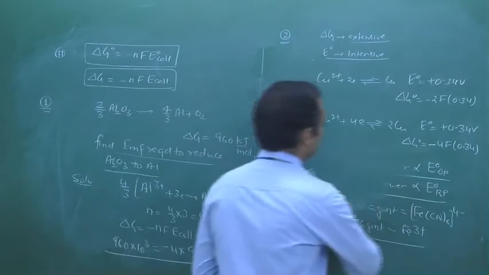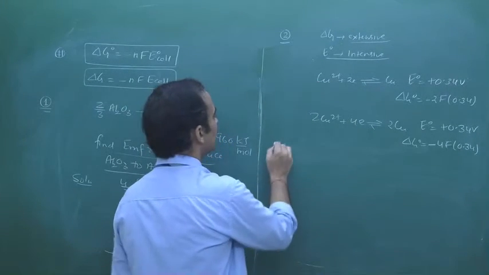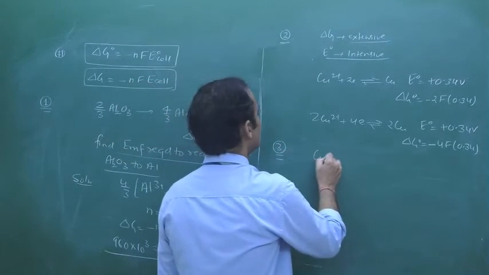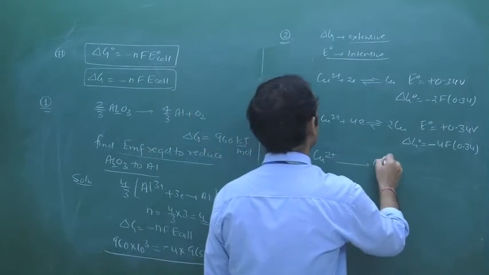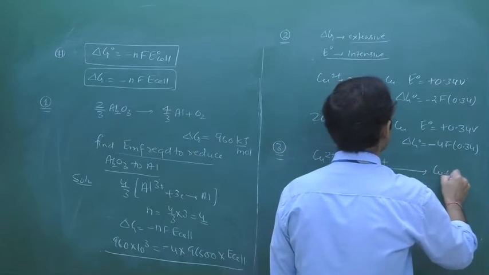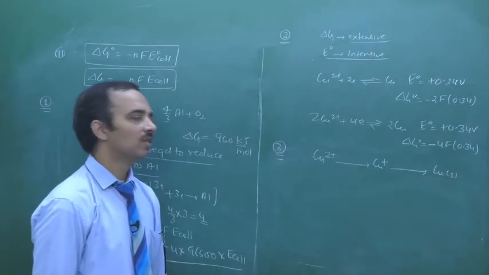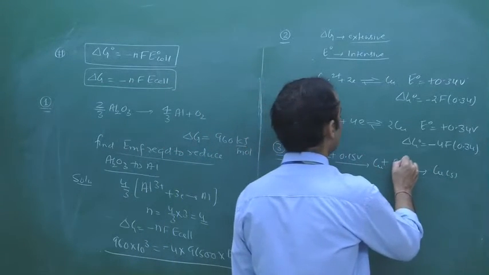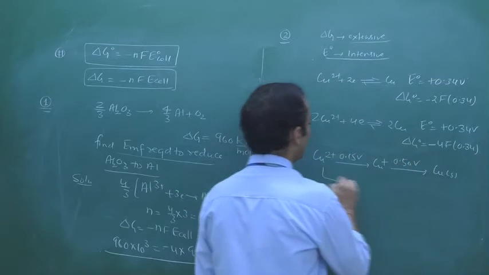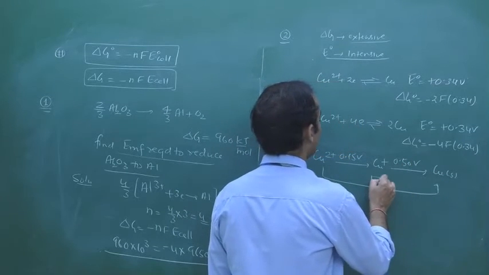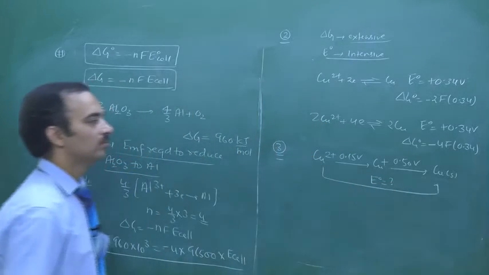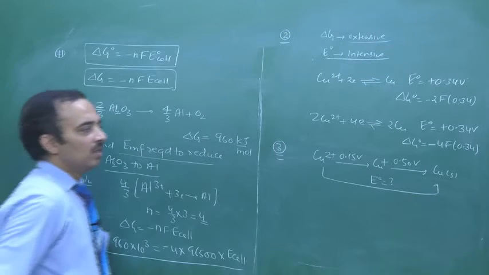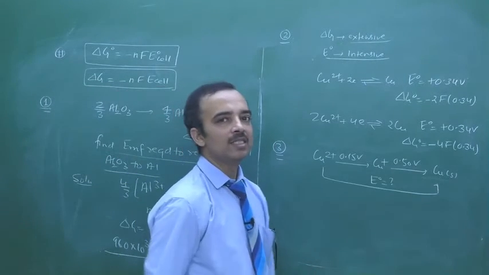Now there is another question. What is that question? It is Cu2+ converts to Cu+ converts to Cu. Here we have 0.15, here we have 0.50, and we have to find out this. Now how can we find this?